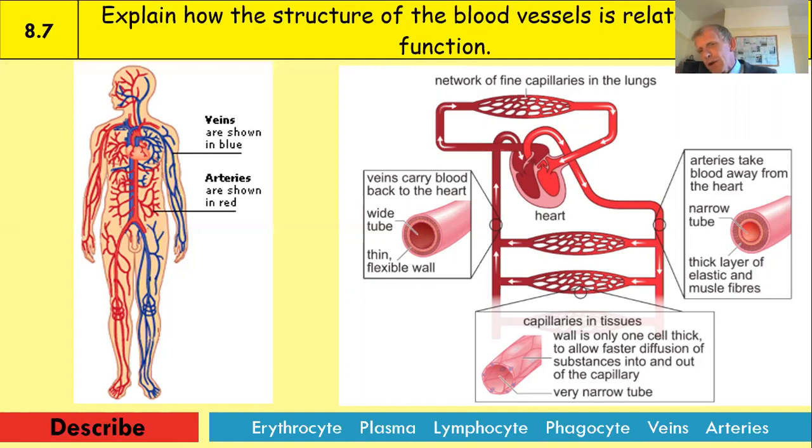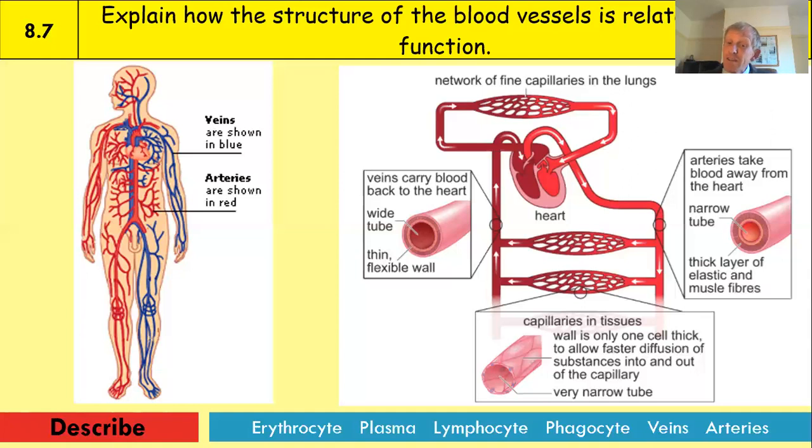Now, if we think back to your diffusion lesson a few weeks back, you'll know that by increasing the surface area, you can increase the rate of diffusion. These tubes are also very, very narrow, which means you can almost get just one red blood cell through the capillaries at any one time.